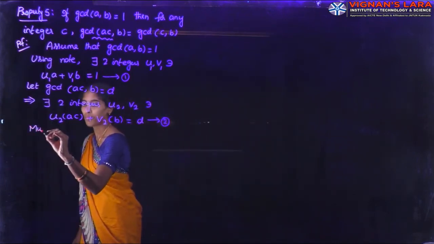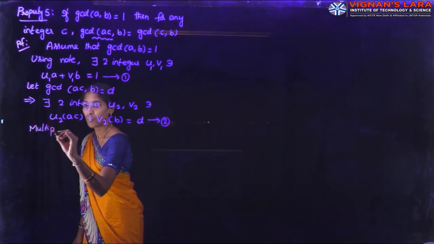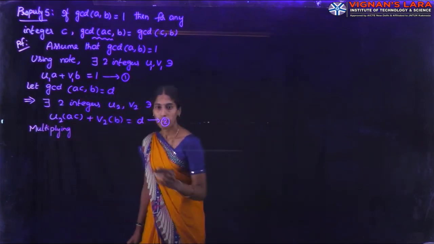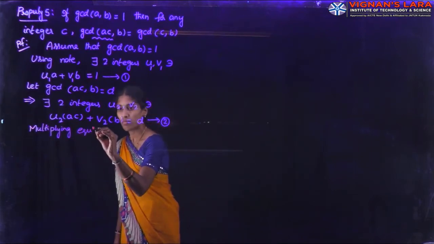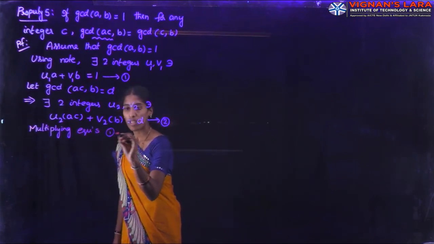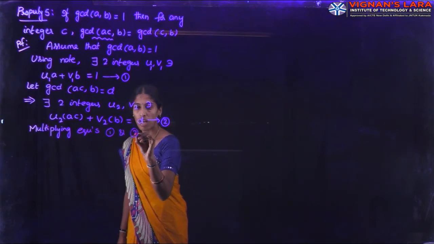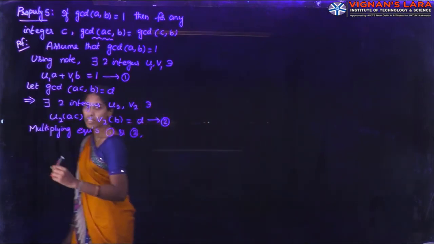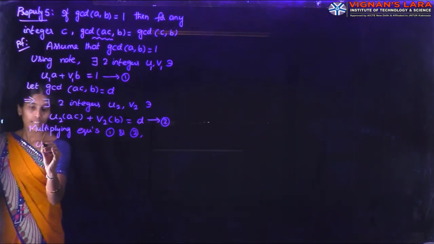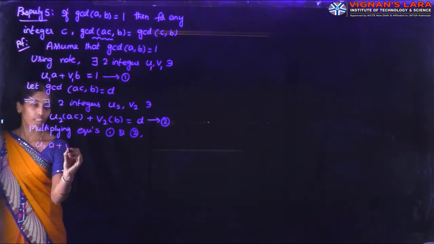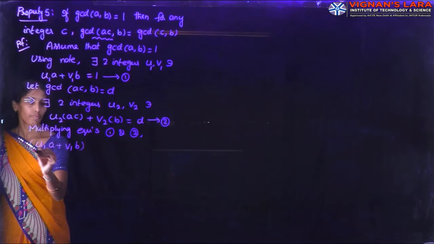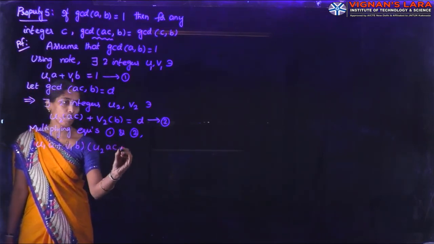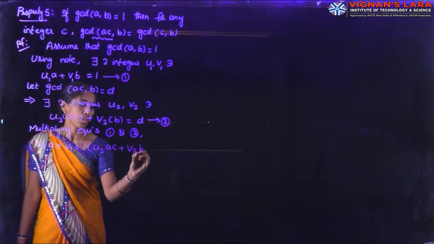Multiplying equations 1 and 2, right? So, what is one LHS side? One LHS side is U1A plus V1B. Two LHS is U2AC plus V2B.